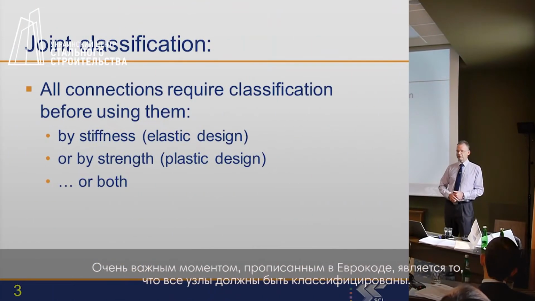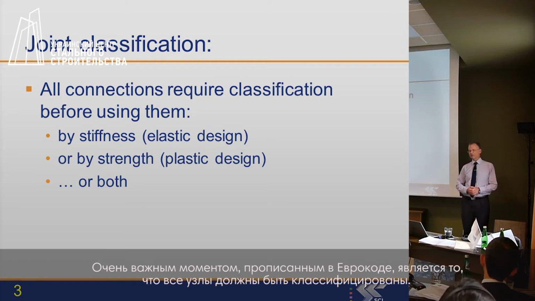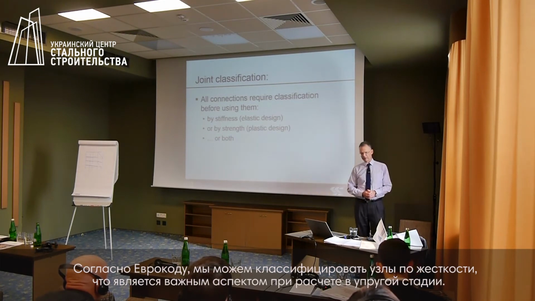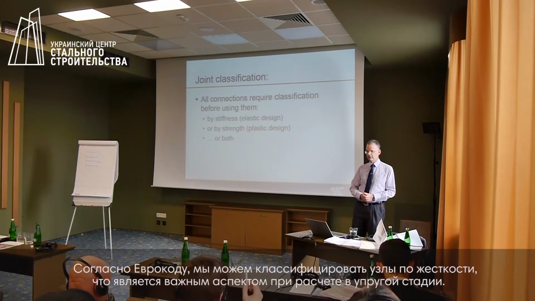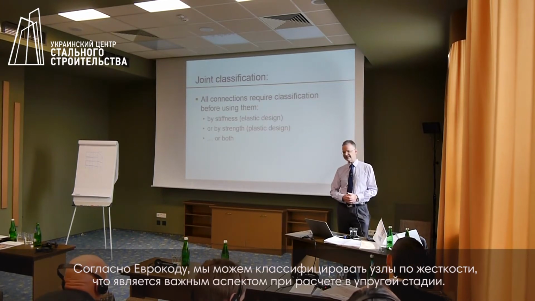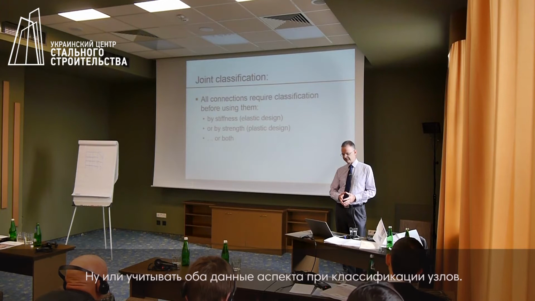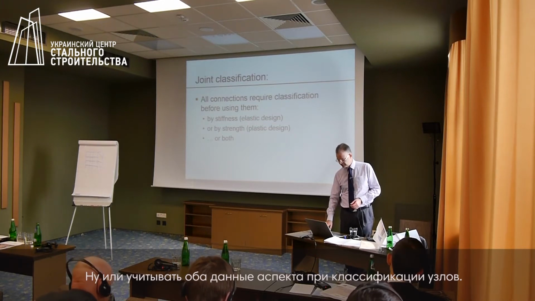A really important feature in the Eurocode is that connections require classification. The Eurocode says that we can classify connections by stiffness, and that would be important for elastic design. We can classify them by strength, and we would be interested in strength for plastic design, or both.